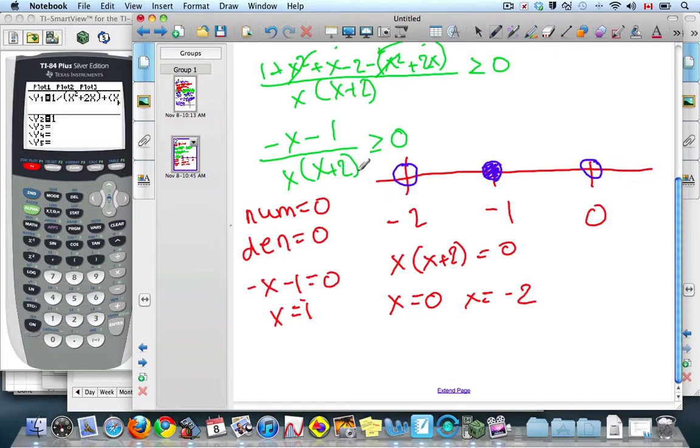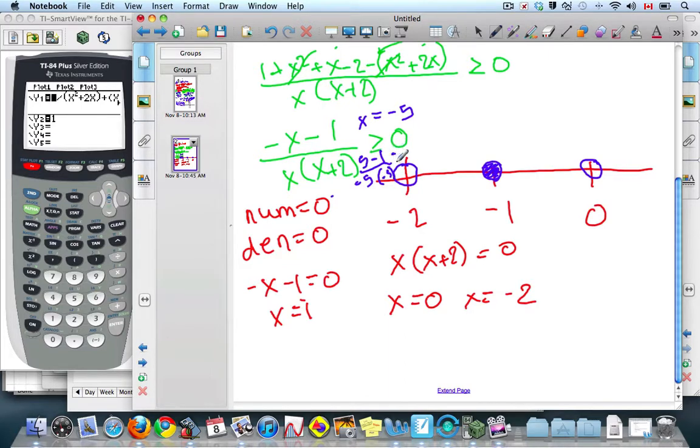Okay, so we have to do an analysis of those regions, and there are 2 ways to do it. So if we pick a point over here, such as x equals negative 5, I put it into the top of the function, and I get negative 5, which is positive 5, minus 1, over negative 5 times negative 5 plus 2, which is negative 3.